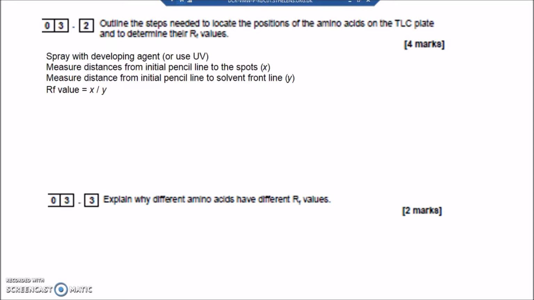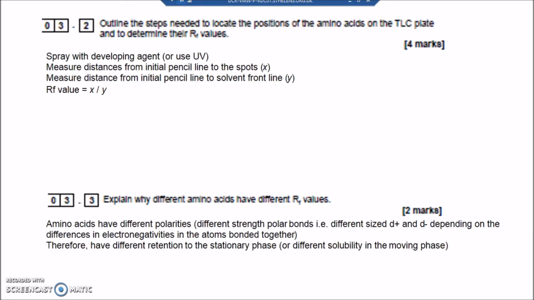Explain why different amino acids have different RF values. Well, it depends on their polar bonds. So different amino acids have different polarities, different size polar bonds. In other words, their delta plus and delta minuses are different. It depends on the differences in electronegativities between the atoms bonded together.